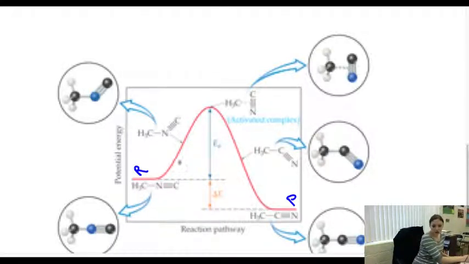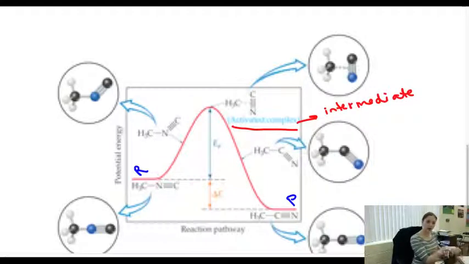I have to get this certain amount of energy here, get over the hump, before I can actually then cause my reaction to happen and make my products. This middle thing we call here is our activated complex. And activated complexes are also known as intermediates. They're usually unstable intermediates, ones that don't last very long. It's kind of how the molecules are shifting when they're in between being together and then being apart.